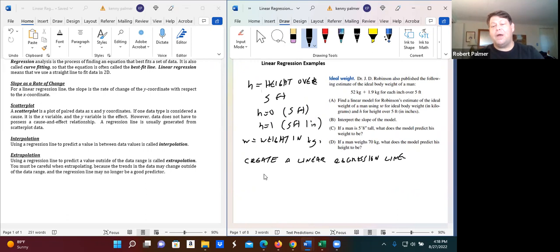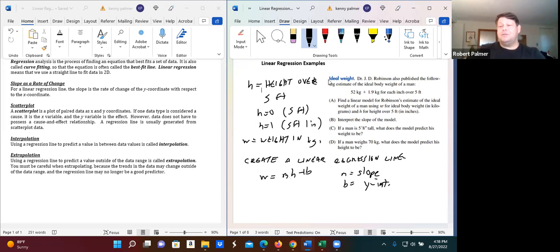That's going to look like W is equal to MH plus B, where H is your height, W is your weight, M is your slope, and B is the y-intercept. This is from the equation of a line.